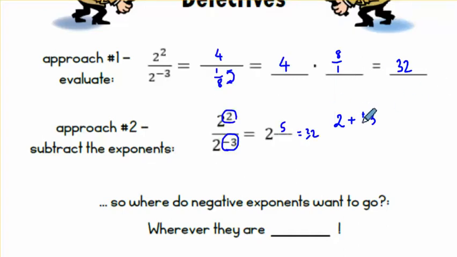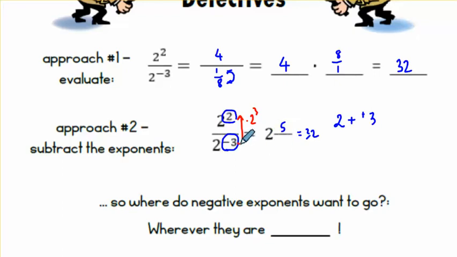What's really happening is we are taking this negative exponent that's on the bottom and we are moving it up to the top. So instead of just 2 squared, we're going to have it also times 2 to the 3rd power. And 2 to the 2nd times 2 to the 3rd is 2 to the 5th.